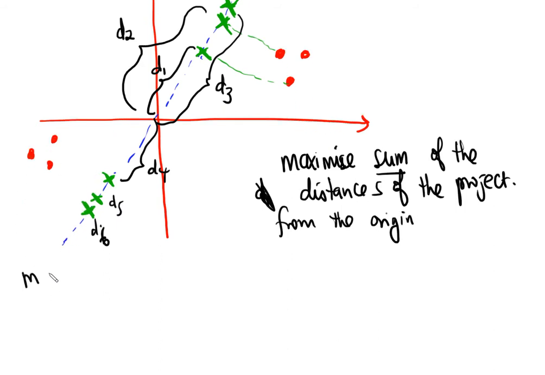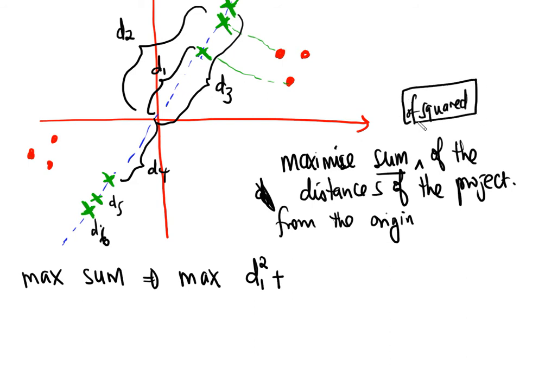When we say we are maximizing the sum, what we're basically maximizing is the sum of squared distances. Squared is very important. D1 squared plus D2 squared plus D3 squared plus D4 squared plus D5 squared plus D6 squared.